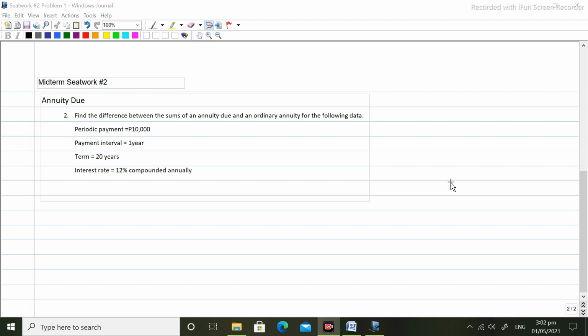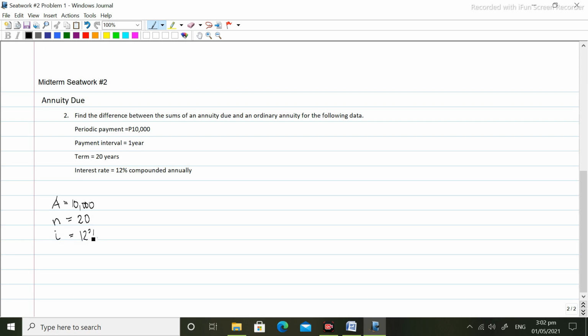So, we have an annuity of 10,000. Then, the number of payments is annual, for 20 years, so 20. And then our interest rate is 12%.